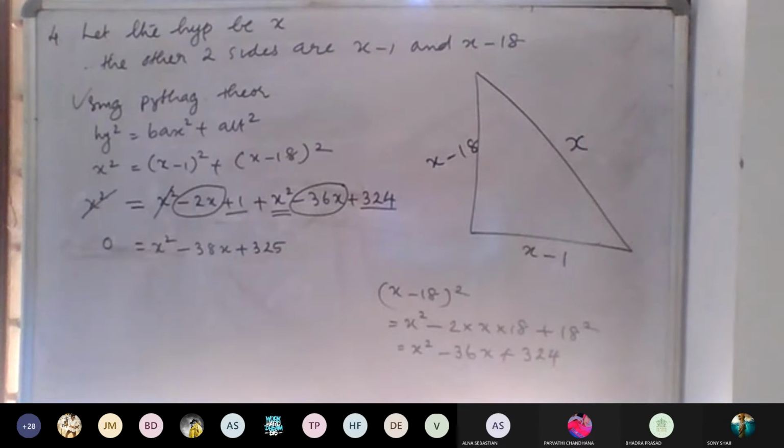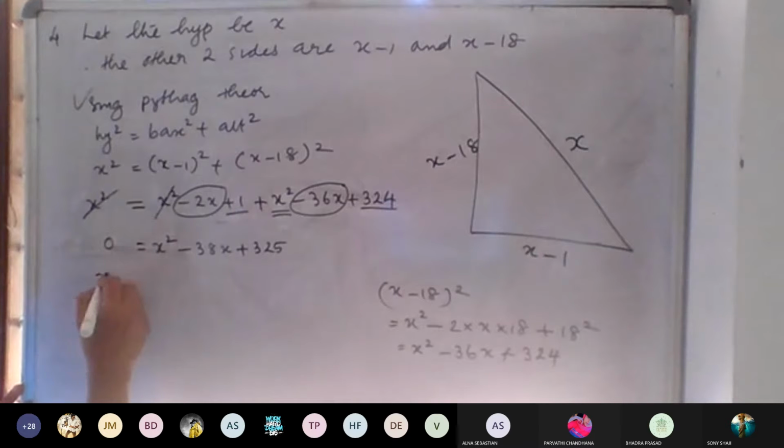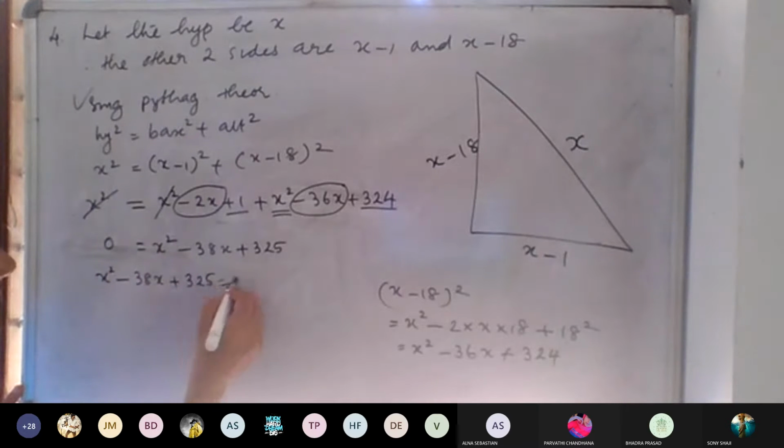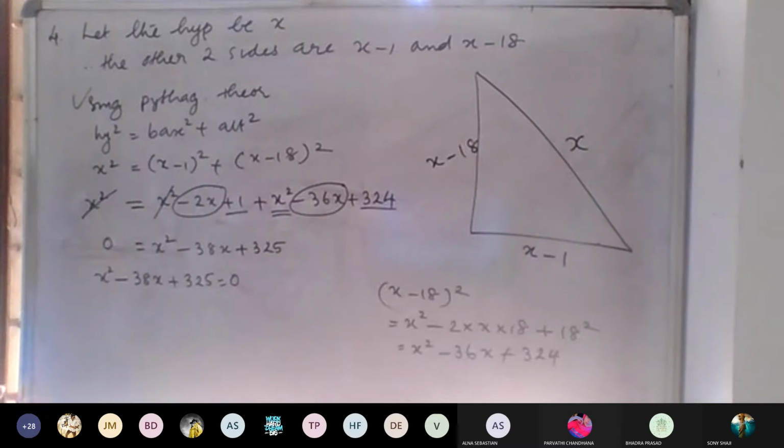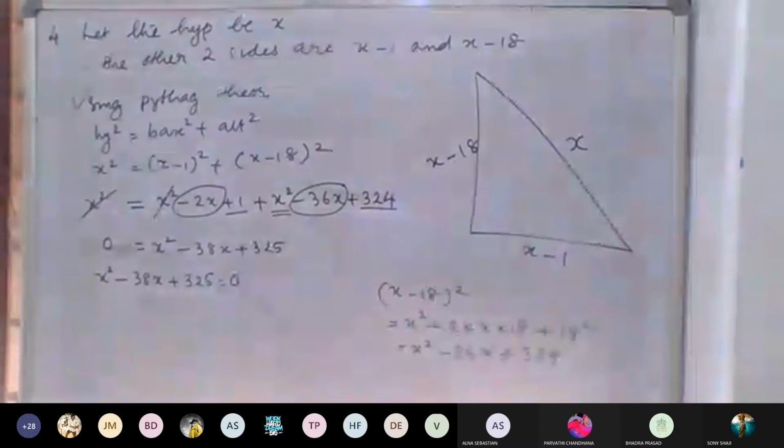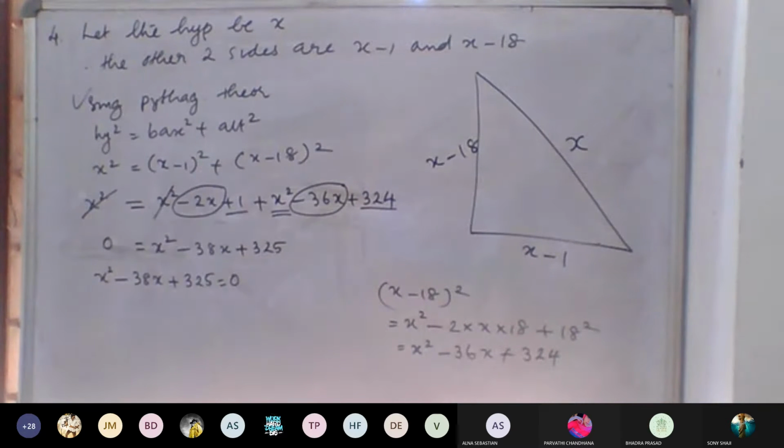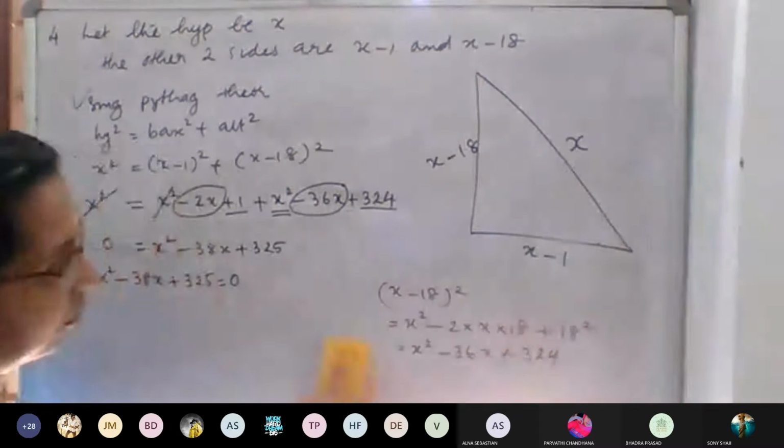So x square minus 38x plus 325 is equal to 0. So we need two numbers, dash into dash, 325. These are the two numbers.